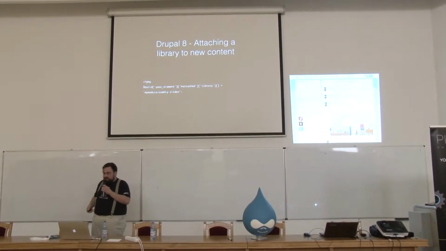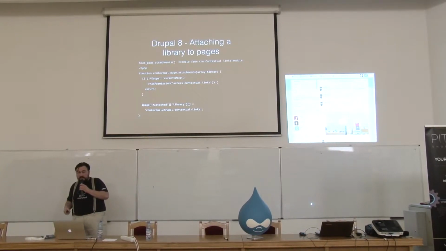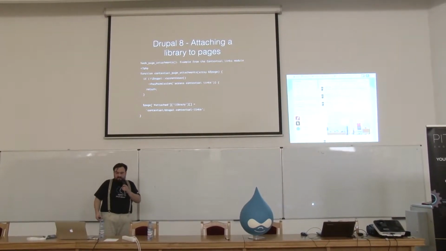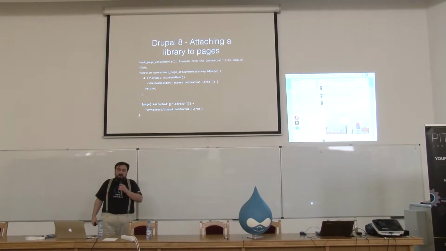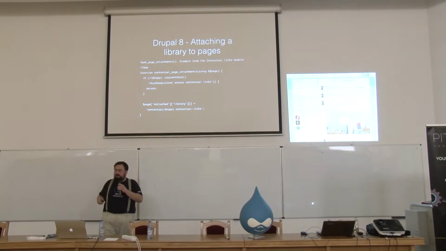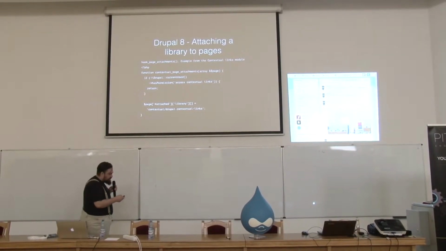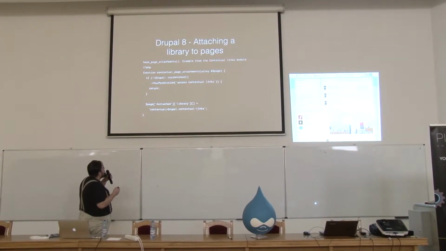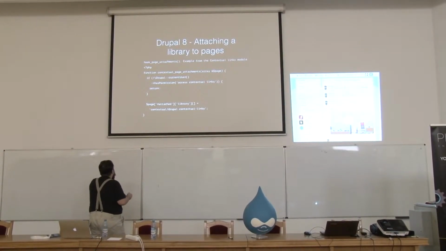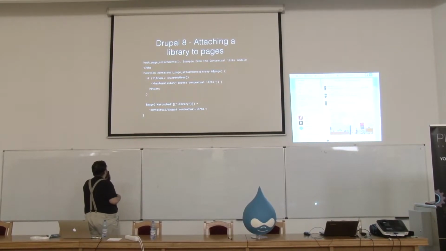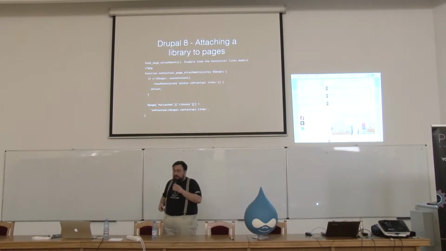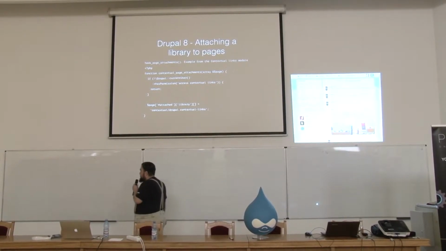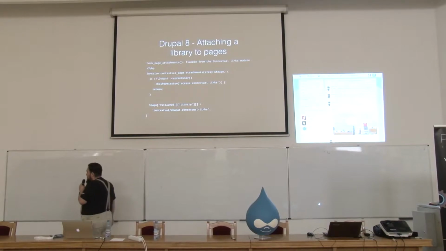If, however, you want to attach a library to all the pages, because, for example, it doesn't belong to any content in the page, or it belongs to a lot of elements in the page, as in this example with the contextual links module, in Drupal 8 there is a hook. It's called hook_page_attachments, and this allows you to attach a library to the page render array.